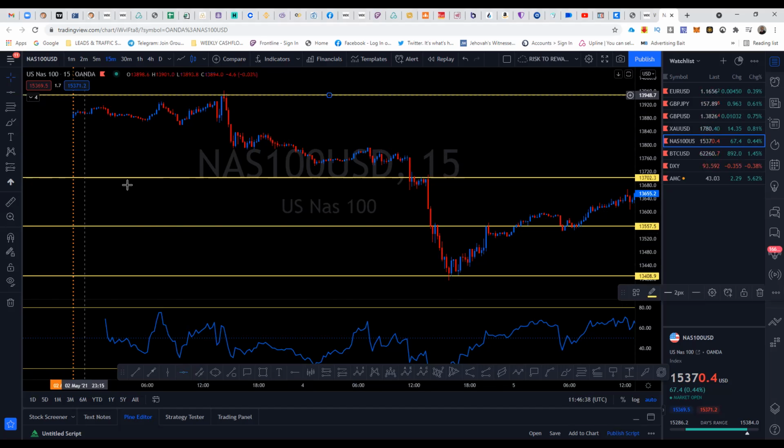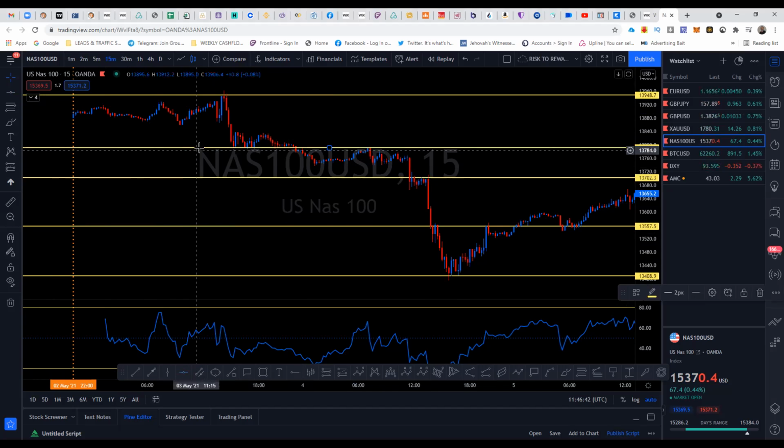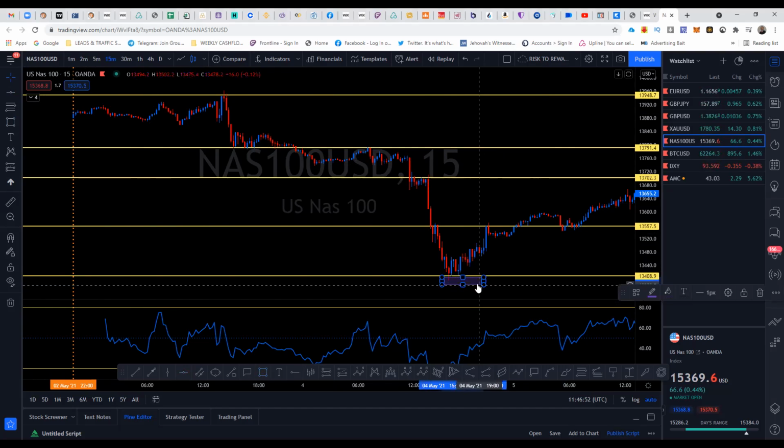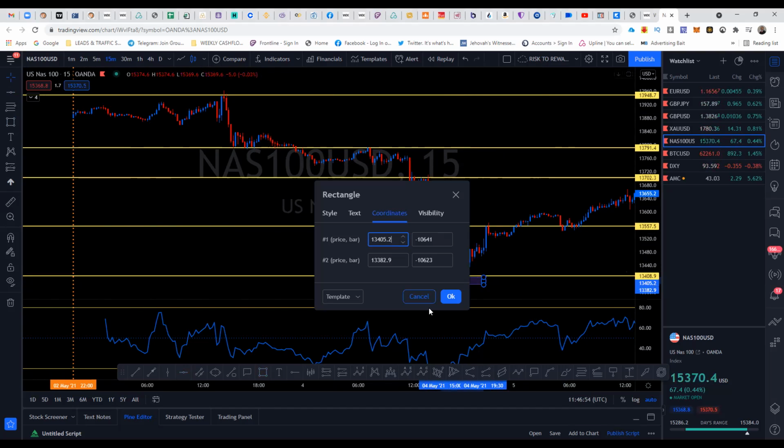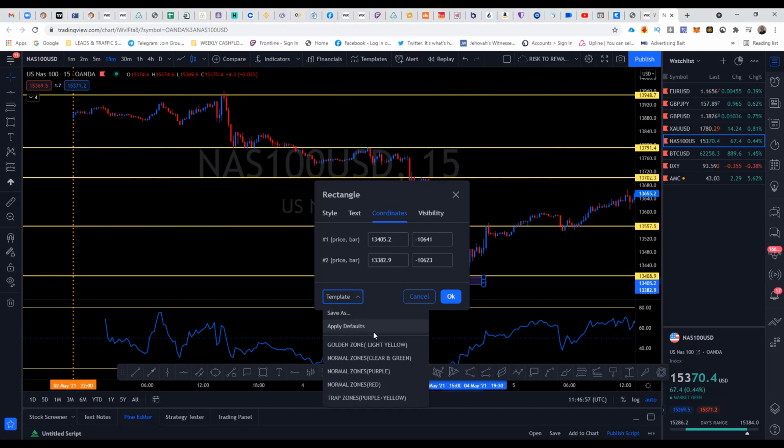Definitely up here. And I think it's safe to probably put one here. So then we're going to draw our zones off of these. Light yellow.